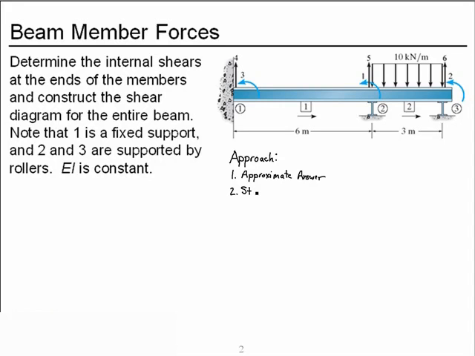Then, to begin the stiffness method, we'll construct the structure stiffness matrix. We'll compile the fixed end forces. Then we will find deformations at the unconstrained degrees of freedom.